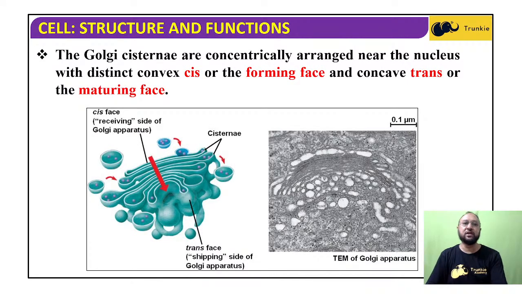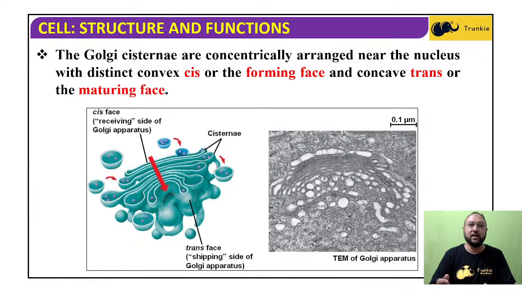Now, Golgi cisternae are concentrically arranged near the nucleus with distinct convex cis or the forming face and the concave trans or maturing face. There are two faces. One is forming and one is the maturing. So the two sides are there. You can see the cis is the receiving side of the Golgi apparatus, from where the materials are received for the processing.